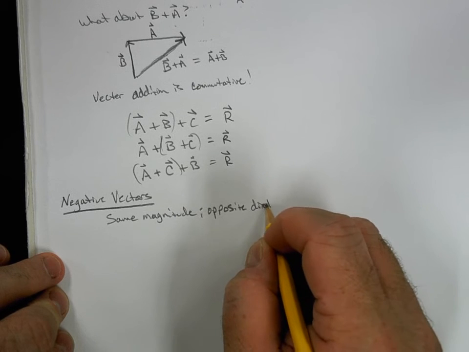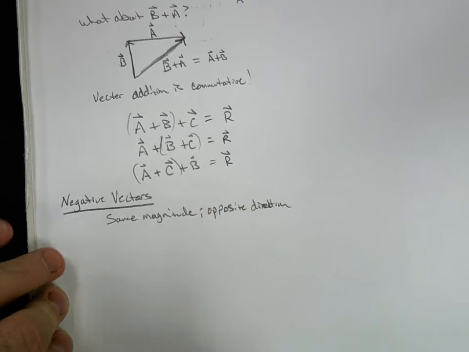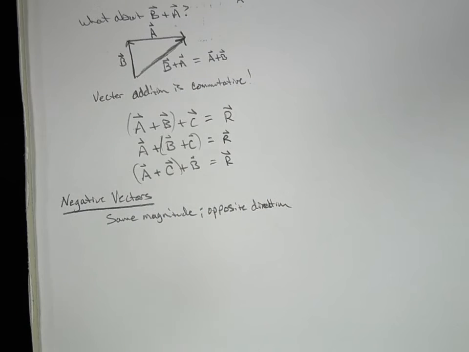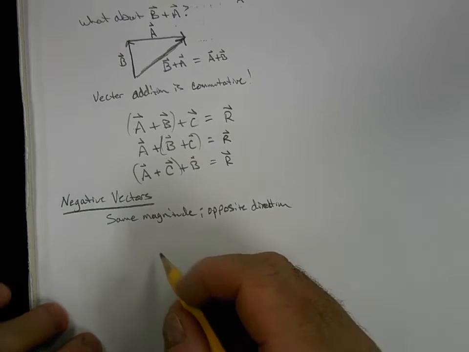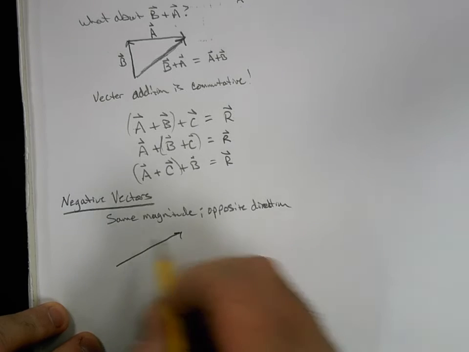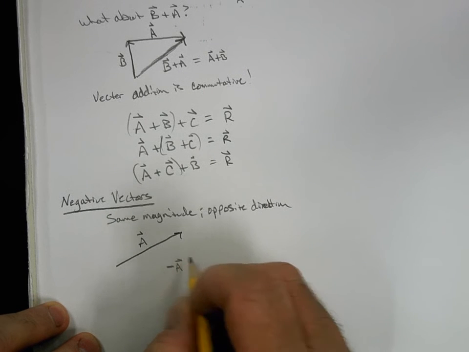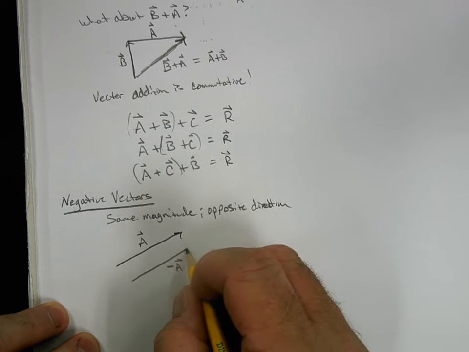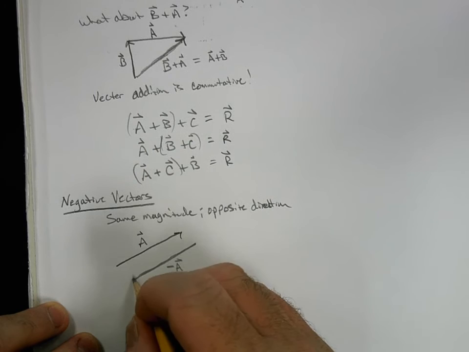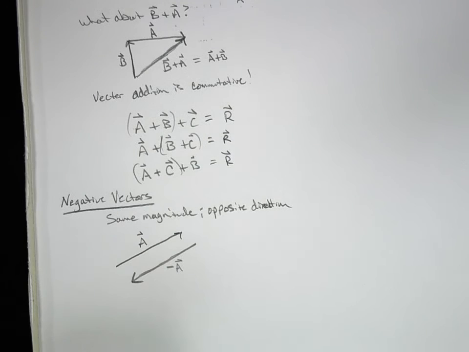So if we have vector A, then negative A is the same vector pointing the other way.